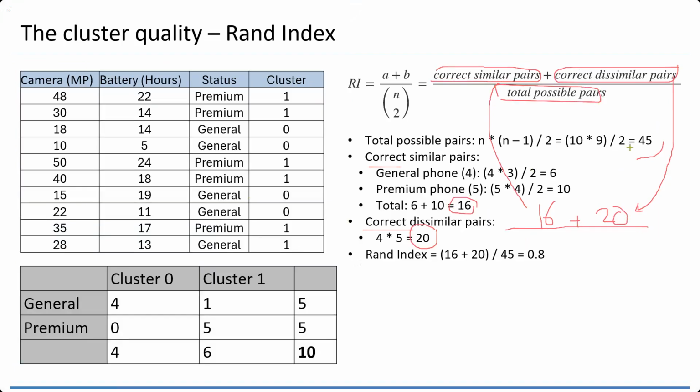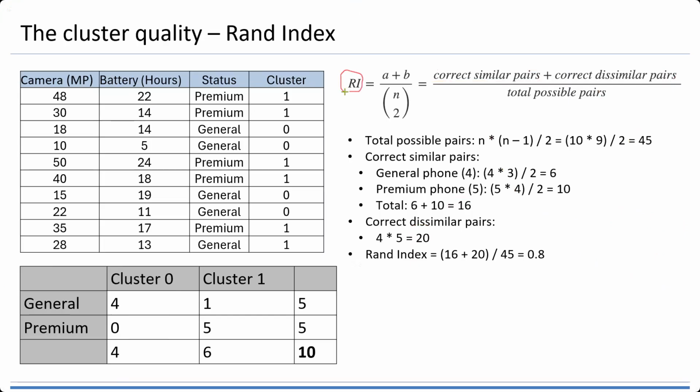So the total possible pair is 45. Then the result is 0.8. Then we can say that the clustering quality for this data set is 0.8. This is based on the Rand index.